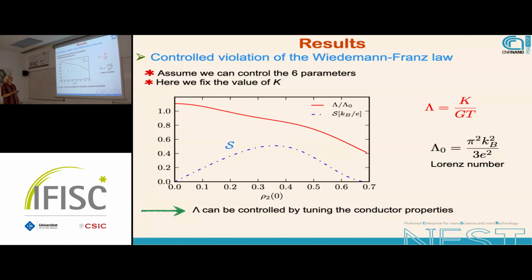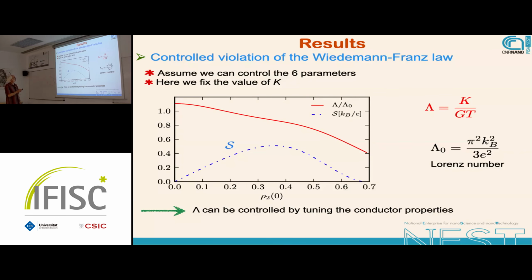So this ratio, lambda divided by lambda 0, should be 1. And here we see that by fixing all the parameters but one, this rho 2, 0, you can control this ratio, going from 1.1 to 0.4.